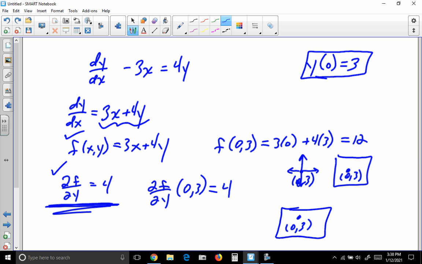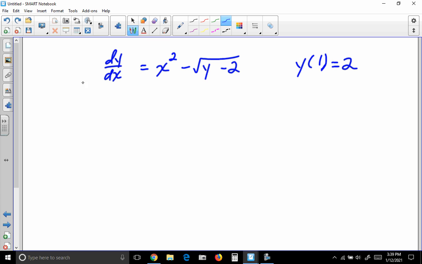So we just have to verify that 0, 3 is an interior point, that we can go in any direction. It might not be infinitely in any direction. In this case, we could go as far as we want in any direction, but at least a little bit in any direction and still have a point that makes our function and the partial continuous. And remember, our function is what our dy dx is equal to.